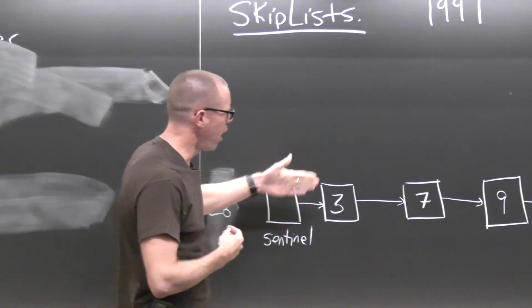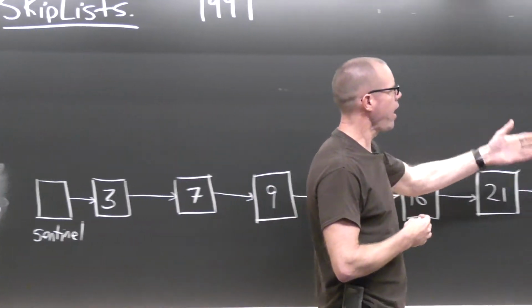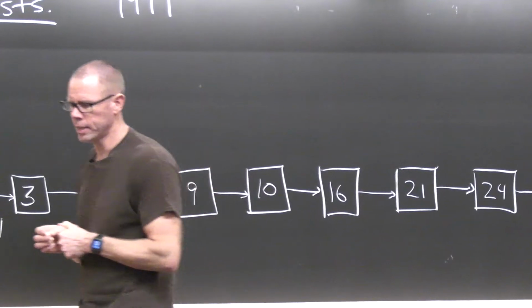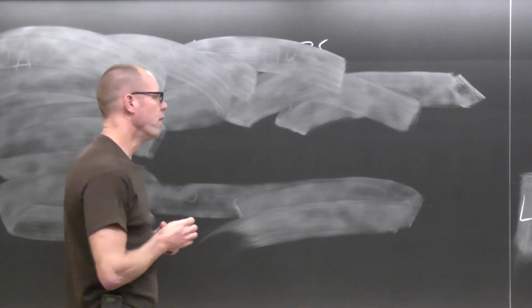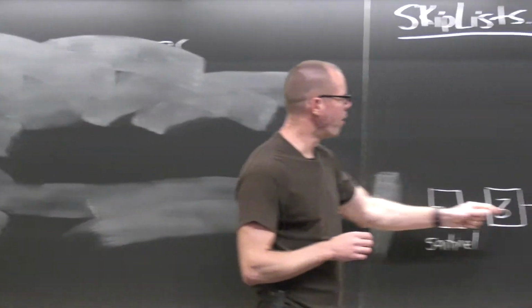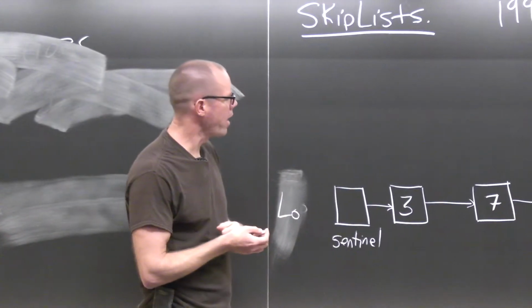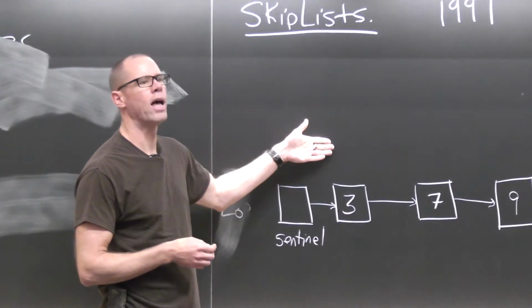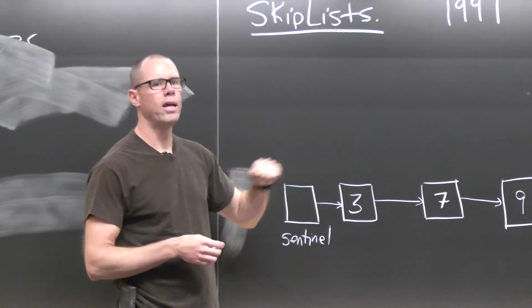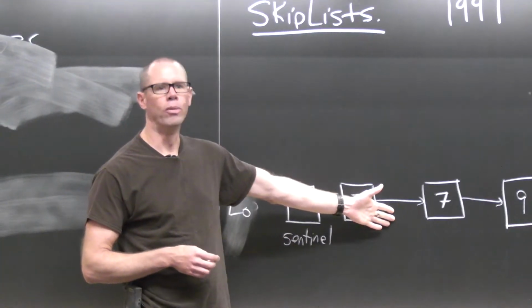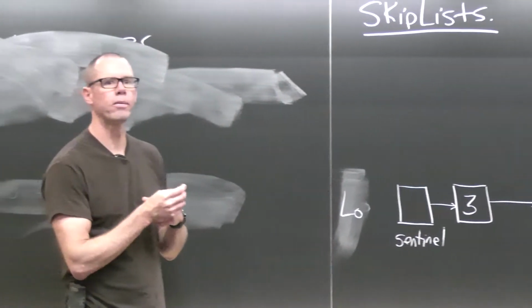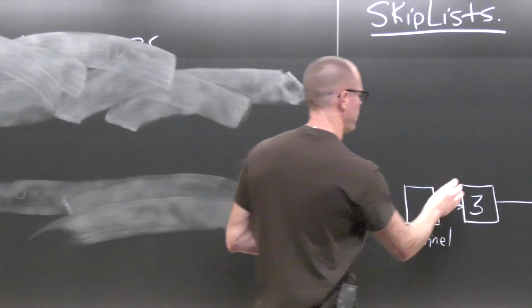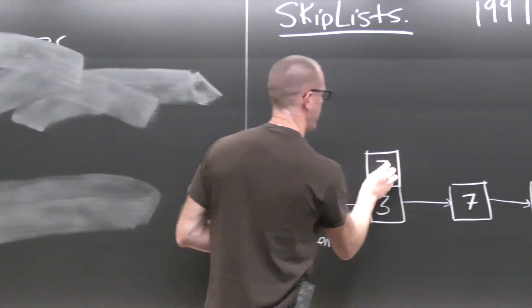We're going to walk through this base list, and from L0 we're going to make a list L1 by tossing a coin for each element in L0. If the coin comes up heads, this element will get promoted into L1. If it comes up tails, it will only stay in L0. So first coin toss. Heads. So 3 gets promoted.